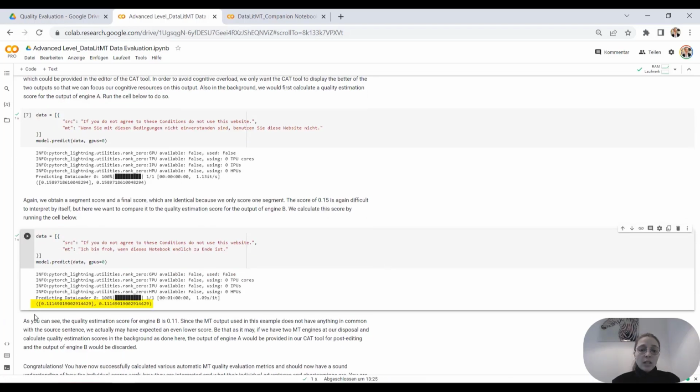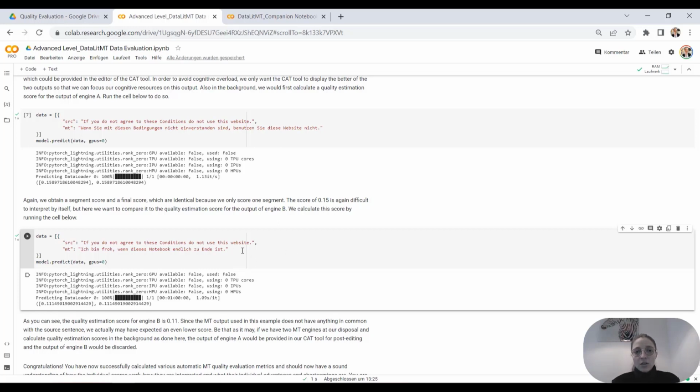So once again, it's a little difficult to interpret a value by itself, and these values are rather low in general, and these are estimated scores and not an evaluation. But we can see here that up here, where the hypothesis is an actual translation of the source sentence, the value that we get is higher than the value down here, which is much lower, where the hypothesis sentence has nothing really to do with the first sentence.